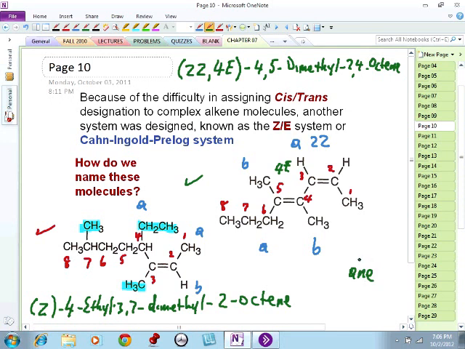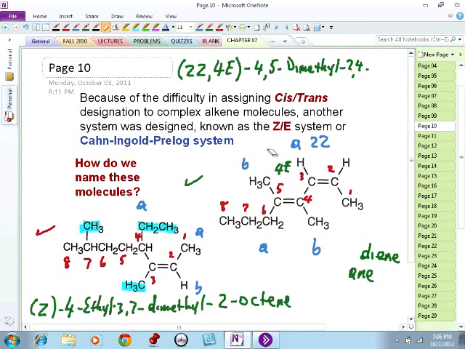In this case, you have two alkenes, so it becomes di, and then the ending ene. So that becomes a prefix, di. In this particular instance, sorry about this, let me change this. Instead of saying octane, this will become octadiene.